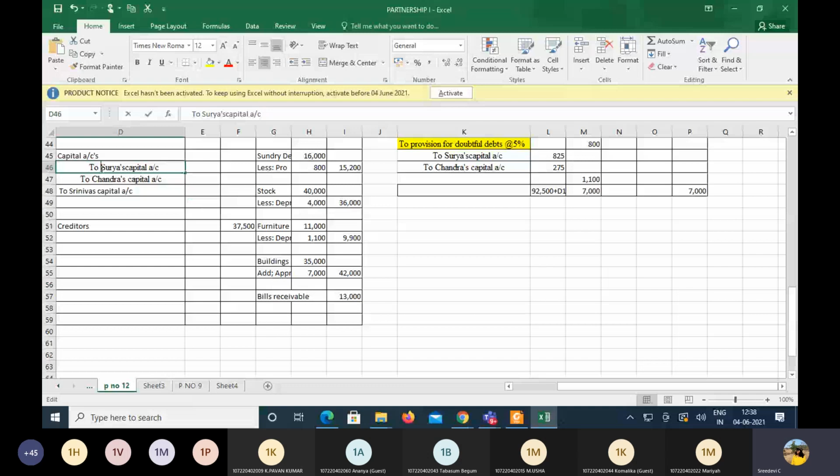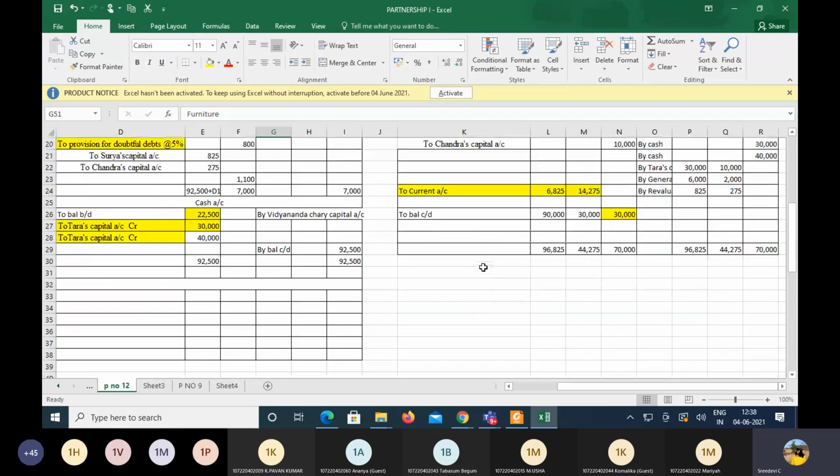They need to maintain 90,000 for Surya, this is 30,000, and this is also 30,000.